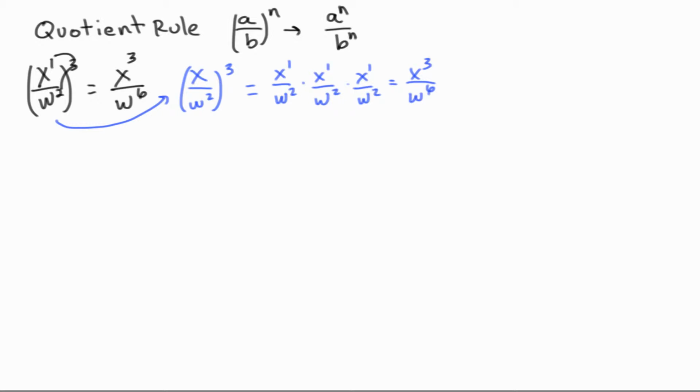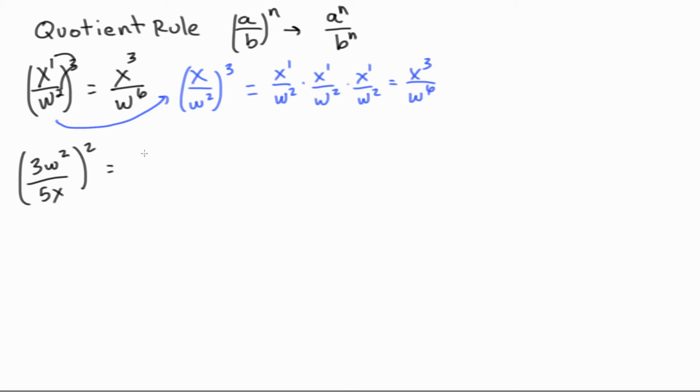Okay. Let's try another one. Let's try something like 3w squared over 5x to the power of 2. What's that equal to? Okay, so you can distribute the 2 to all of these, and you're on your way. I'm going to do it a little bit different, just so that maybe something clicks if you're still not getting it.